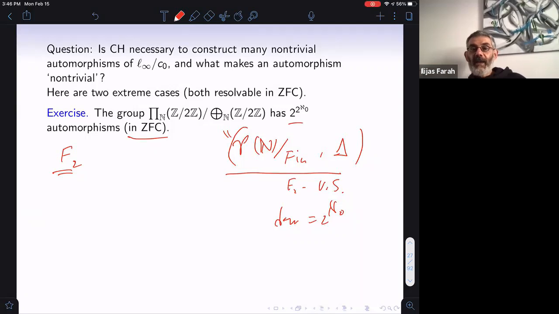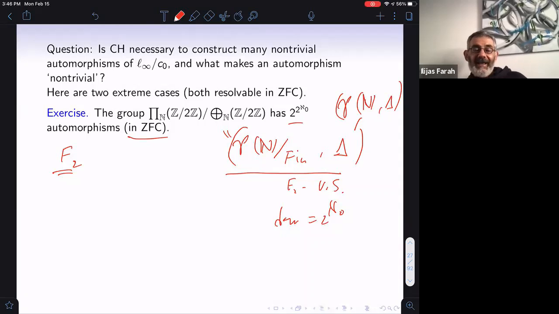And a vector space actually has more structure than this group. So every automorphism of the vector space is an automorphism of the group. And therefore, we have 2 to the continuum many of them. And even more, if you just look at P of N with symmetric difference, that's even isomorphic to this. So taking the quotient doesn't make any difference.